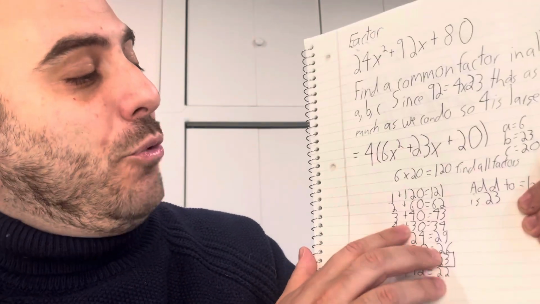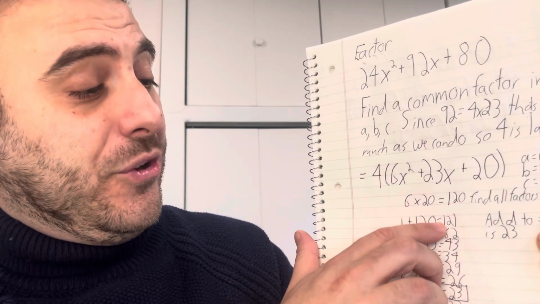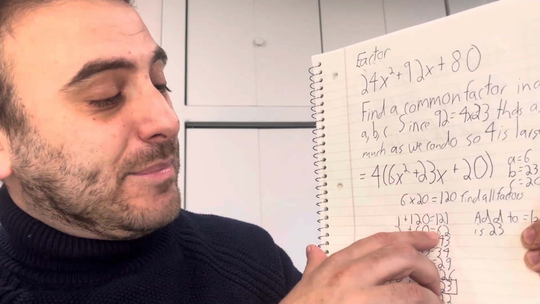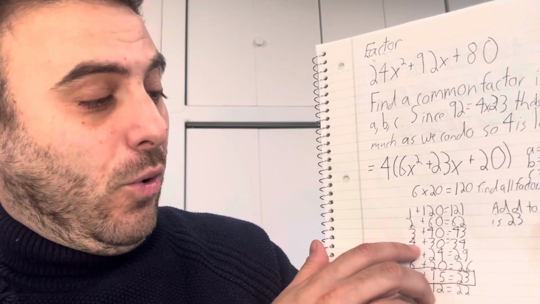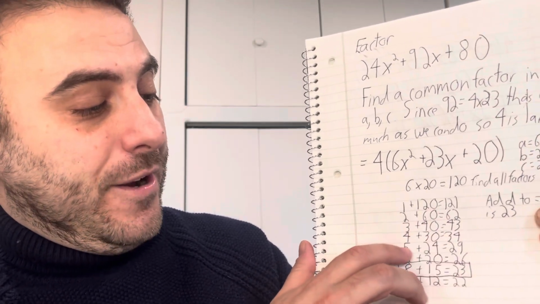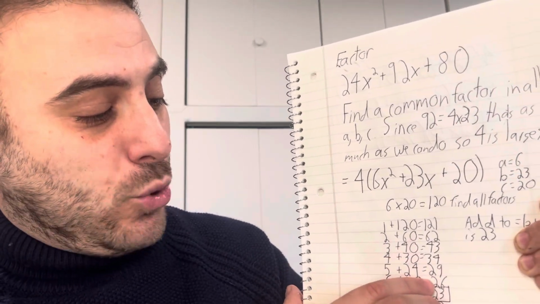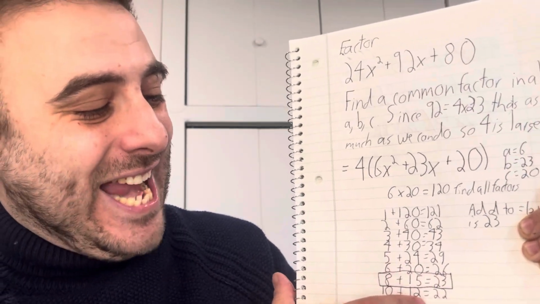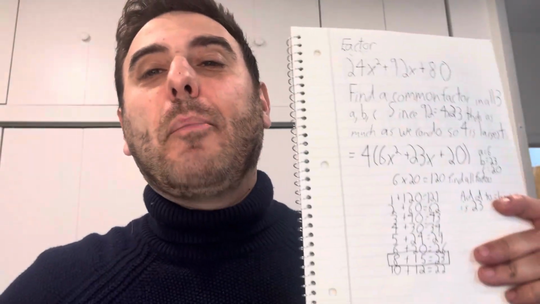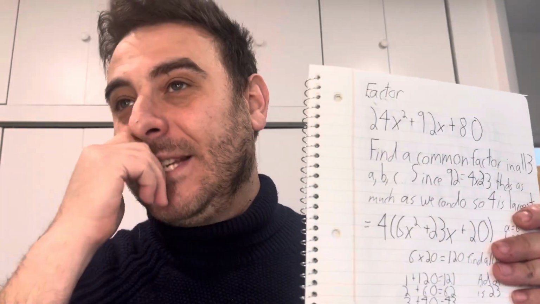So let's go through all our factors of 120. 1 times 120, 2 times 60, 3 times 40, 4 times 30, 5 times 24, 6 times 20, 8 times 15, and 10 times 12 are all the positive factors of 120.